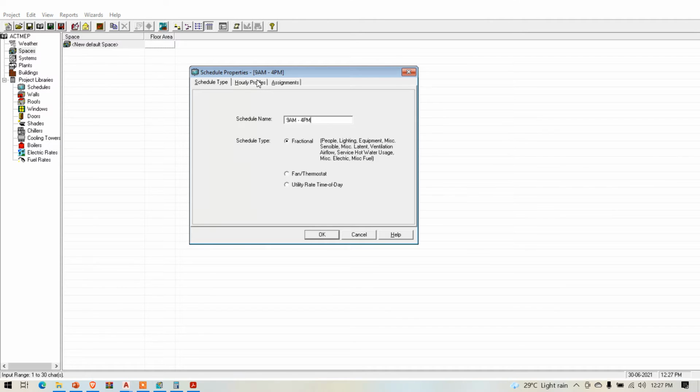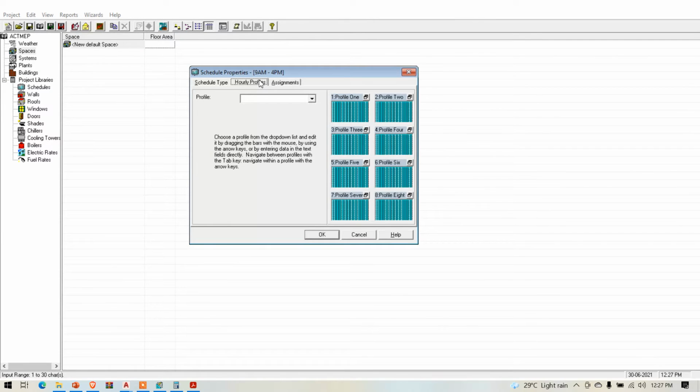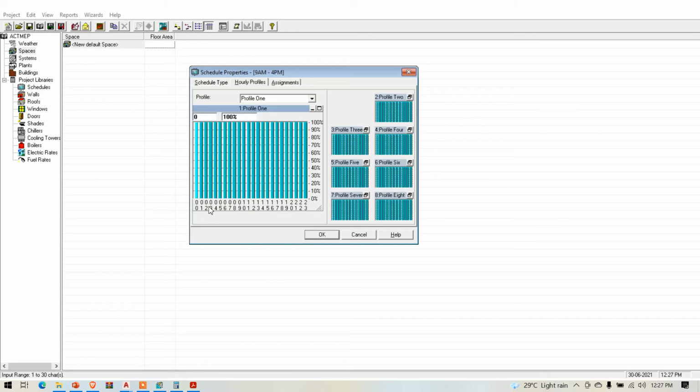And if you go to the next, the hourly profile, they have given 8 profiles in total. In this we will consider any one profile. I am going to consider profile number 1. Under this, see here, at midnight 12 o'clock we are not going to turn on the lights. Like this you can turn it off at the times we are not using the lights. Only for usage purposes will it be considered.